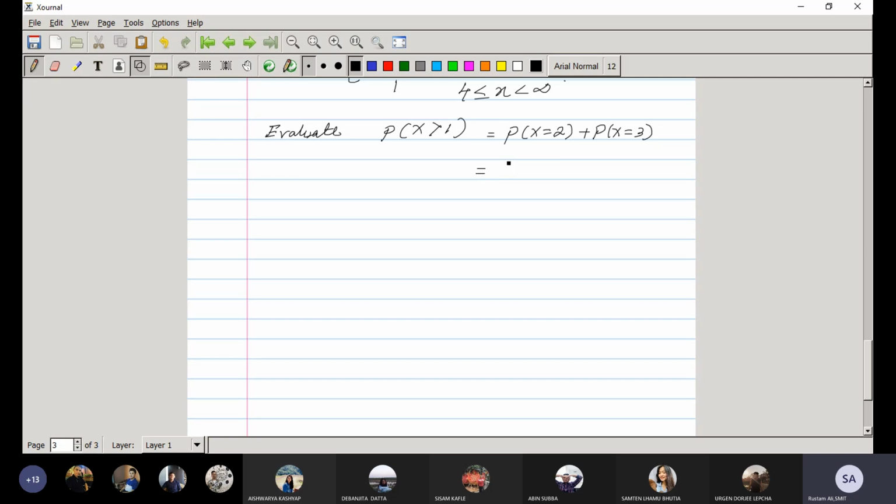So ultimately what we will get is 6 by 33 plus 6 by 22, so we will get 5 by 11, I think. So that will be the probability x greater than 1.